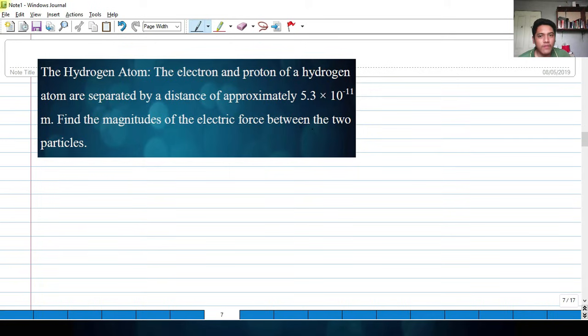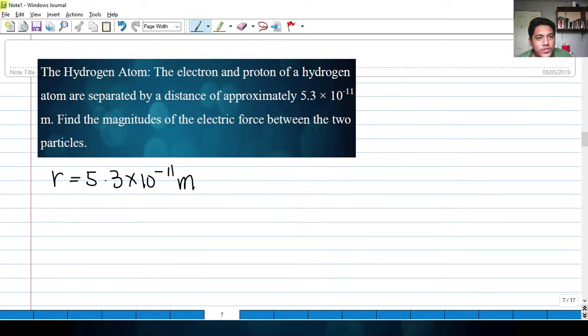The given is the distance between the electron and the proton, R, which is 5.3 times 10 raised to negative 11 meters. It's important that the distance is in meters because Coulomb's constant is in Newton meters squared per Coulomb squared. If the given distance is not in meters, you have to convert it into meters.